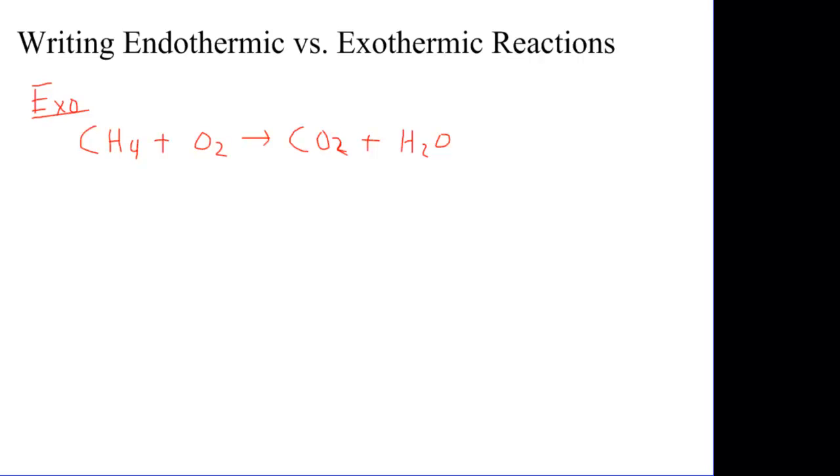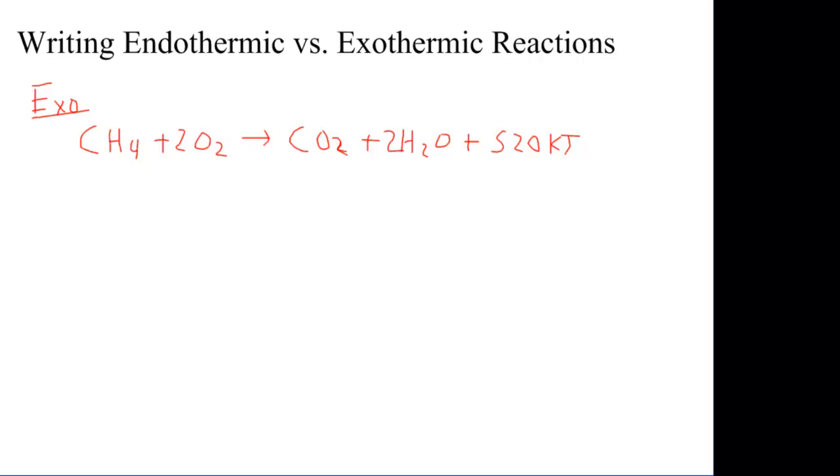We need to put 2 here. That balances out the hydrogens, and then 4 oxygens, so let's do here. One way you might see this written is with an energy term, where the energy is listed as part of the reactants or products. In this case, since it is exothermic, the energy would be given, say here, 520 kilojoules.